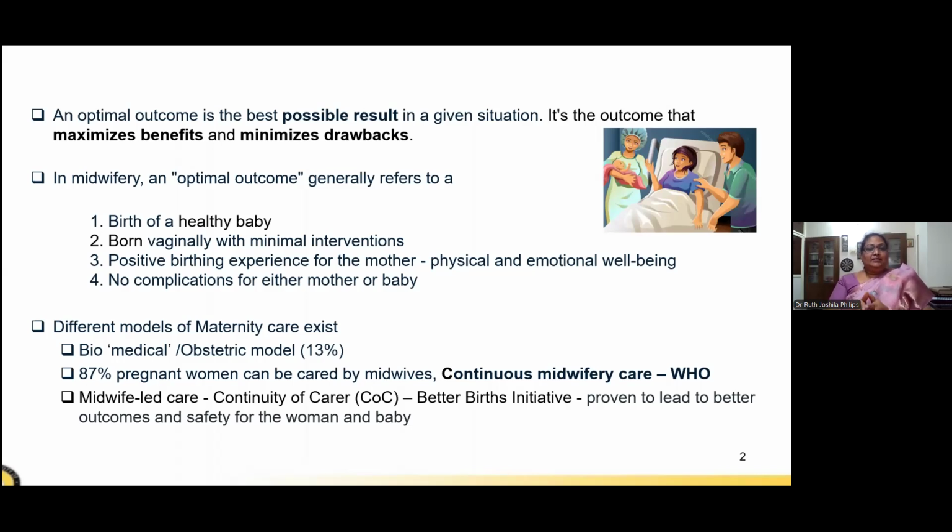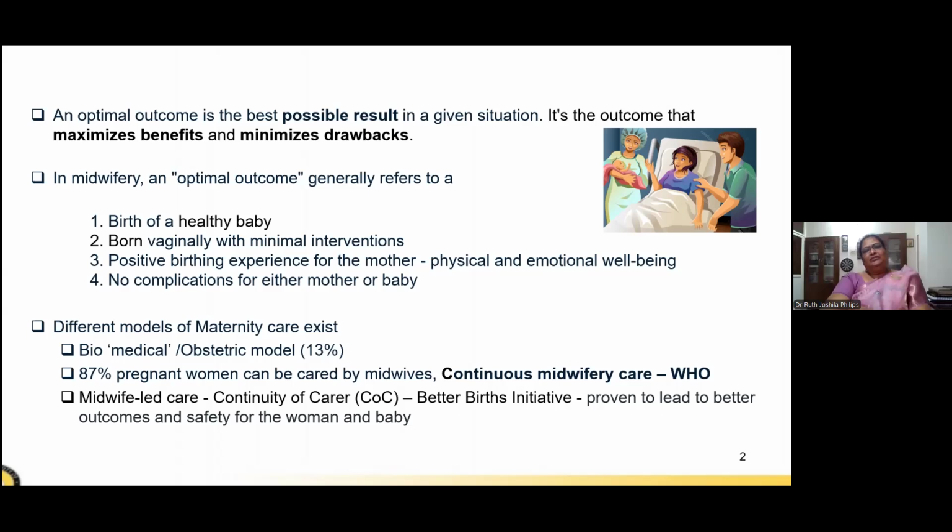Since it is a very normal and physiological event, the remaining 87% of pregnant women need not take their care or services from this obstetrical model. Rather, the World Health Organization says that such low risk mothers can be cared for by midwife-led care.